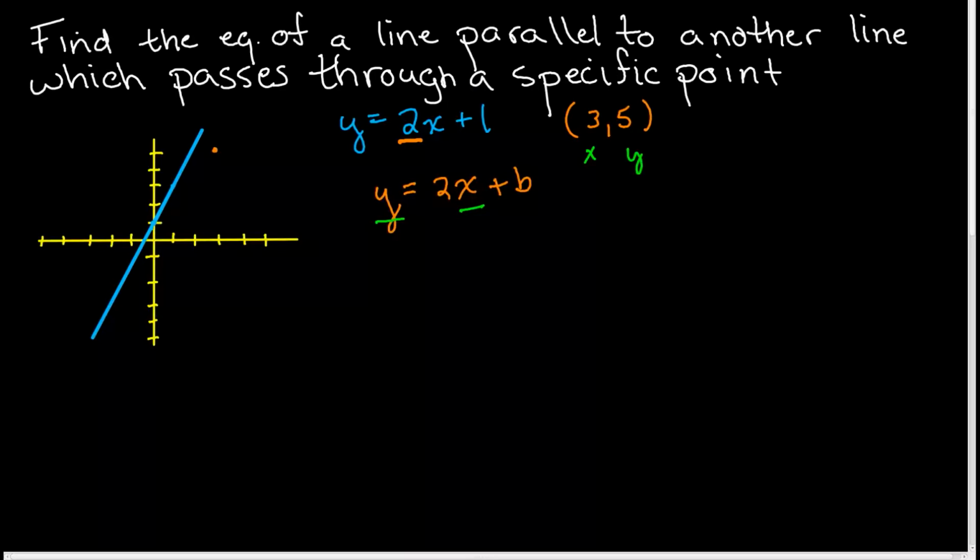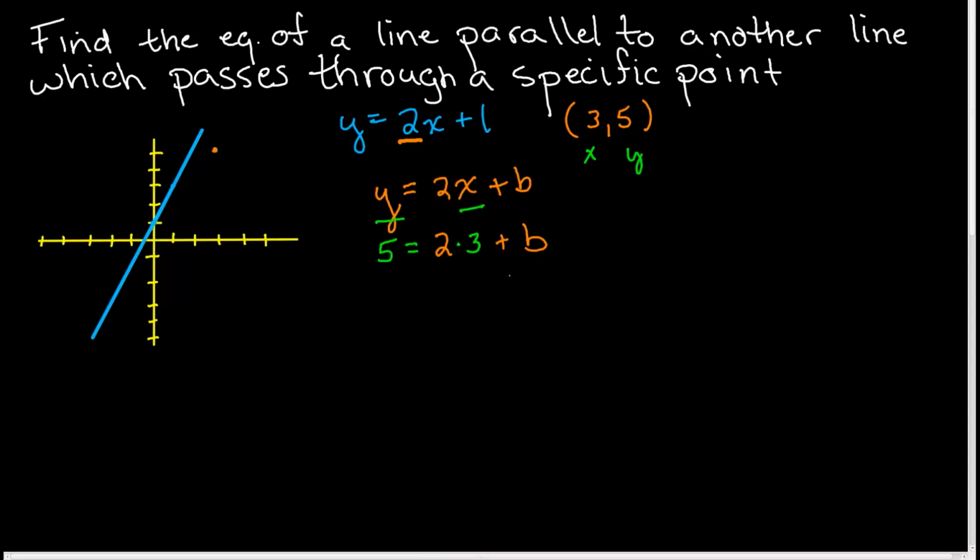So if we substitute those in, we'll say 5 is equal to 2, since that's our slope, times the x value, and the x value is 3, plus the y-intercept that we're looking for.